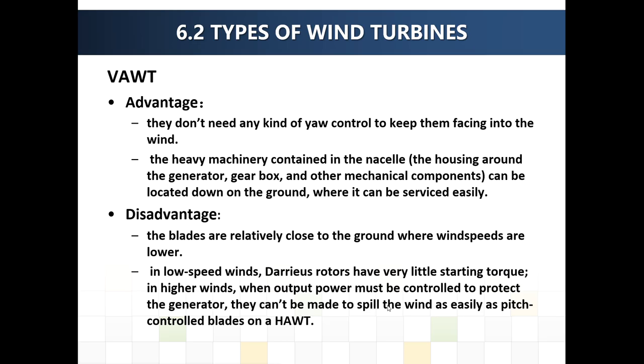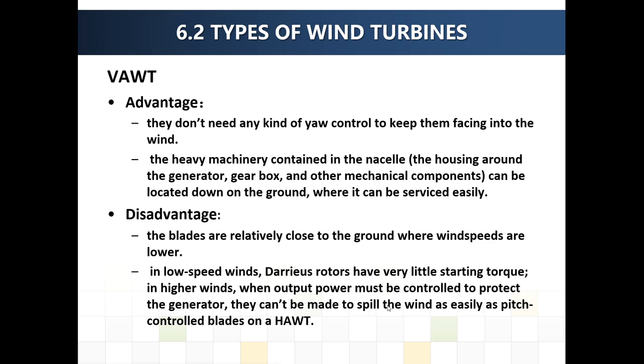The disadvantage of the vertical axis wind turbine is that the blades are relatively close to the ground, where wind speeds are lower. In low speed wind, a Darrieus rotor has very little starting torque.